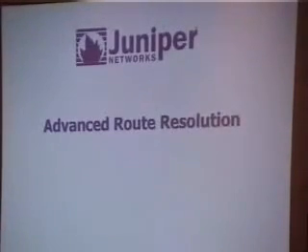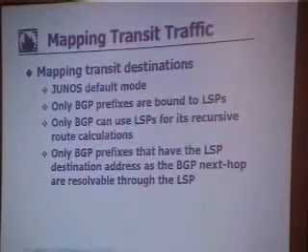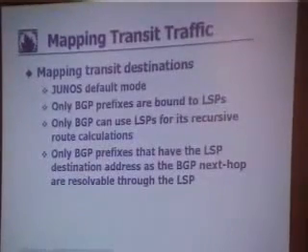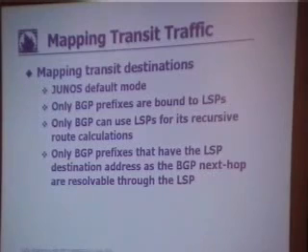Route resolution, we talked about this a little bit. The way this is done in Juniper is specific to our code, but what it points out generically is that in most vendors' implementations, you'll have the flexibility to bind certain routes to LSPs and not others. For instance, in ours, by default, only BGP routes will resolve to LSPs.